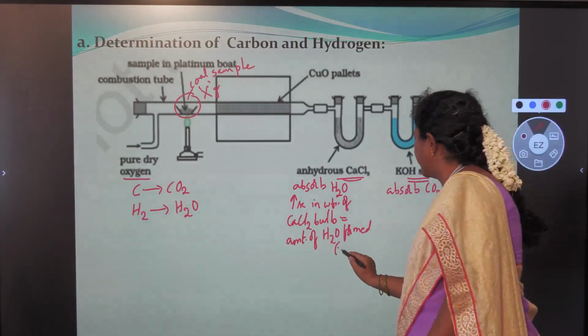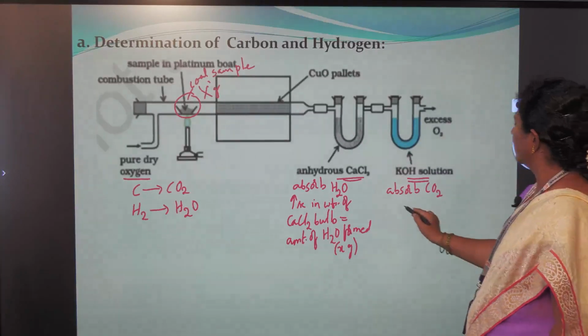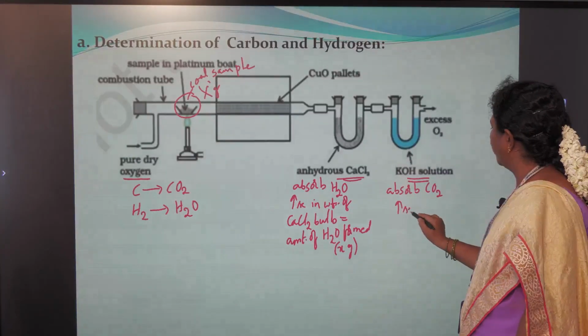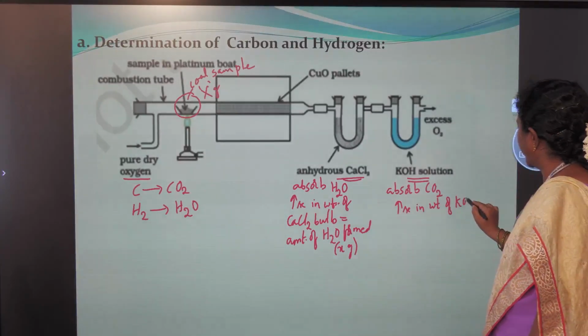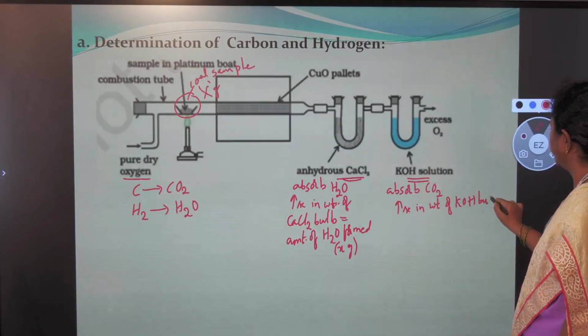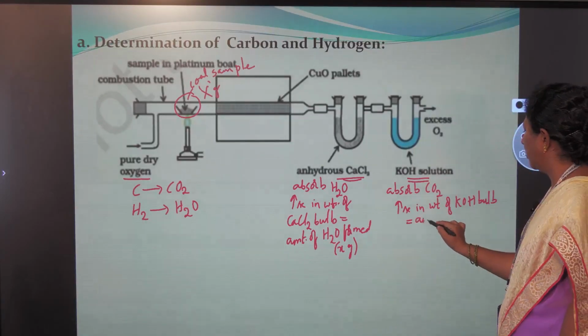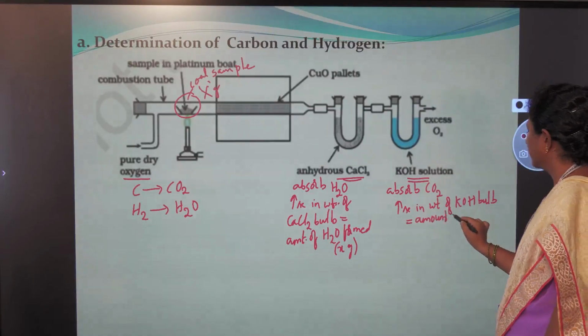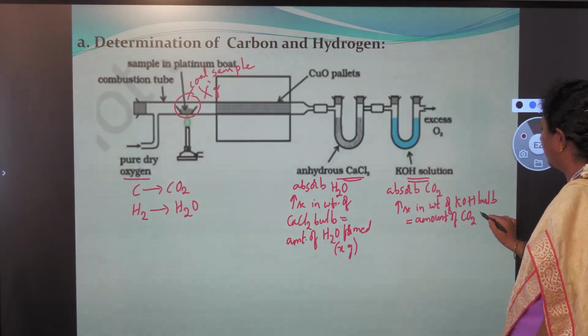Let it be some x grams, and increase in weight of potassium hydroxide bulb will be equal to the amount of CO2 formed.